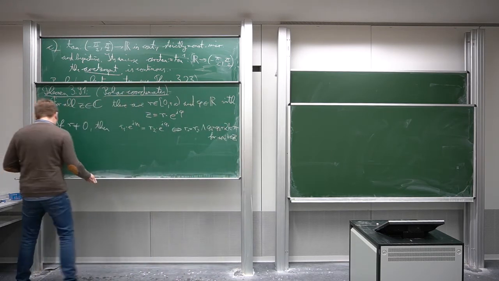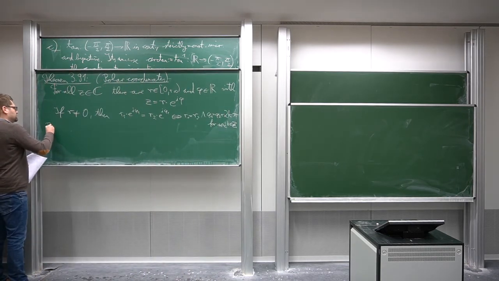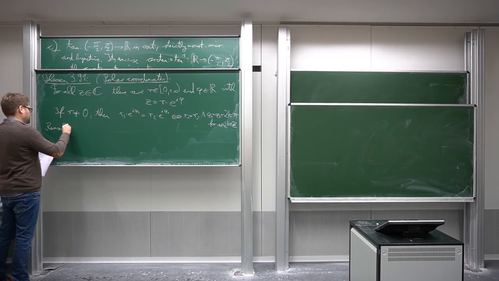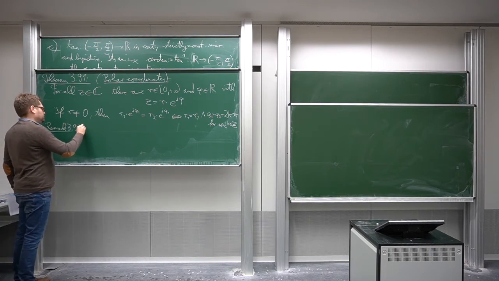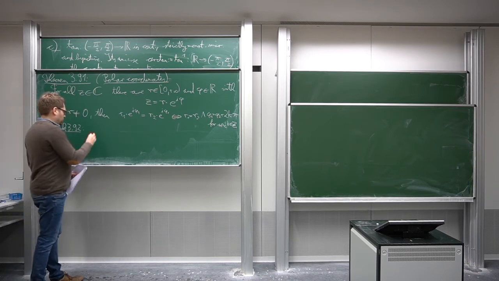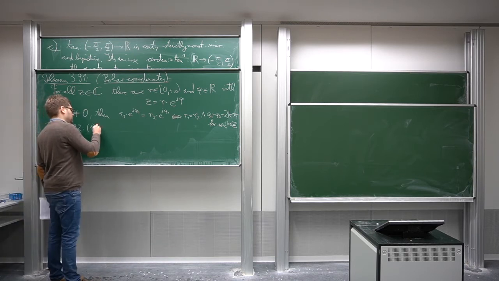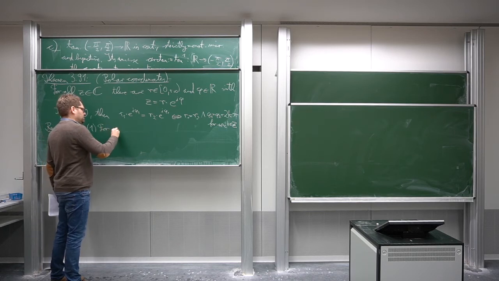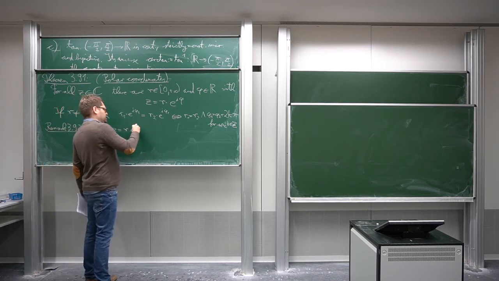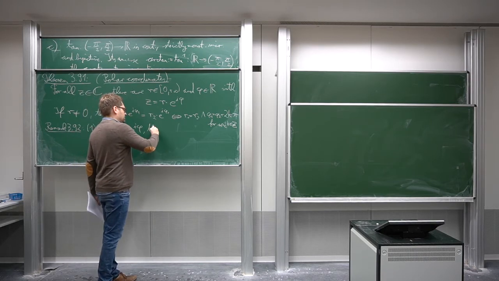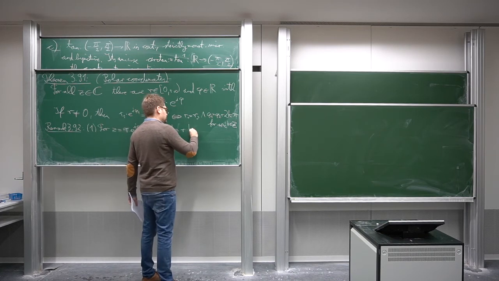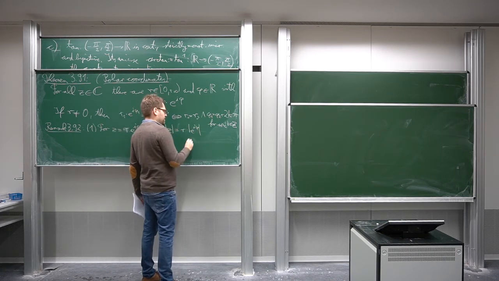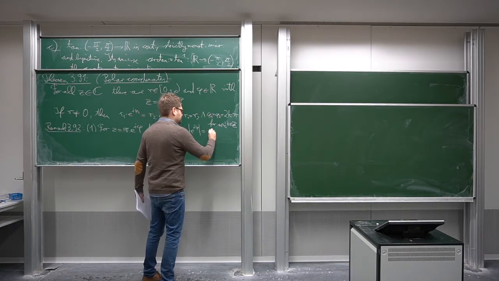Okay, before we prove this, let us see how to interpret these numbers, and this is probably more intuitive than just writing formulas. First of all, if we can write z as r times e to the i phi, then the absolute value of z is r times the absolute value of e to the i phi, and this is always 1, so this is r.